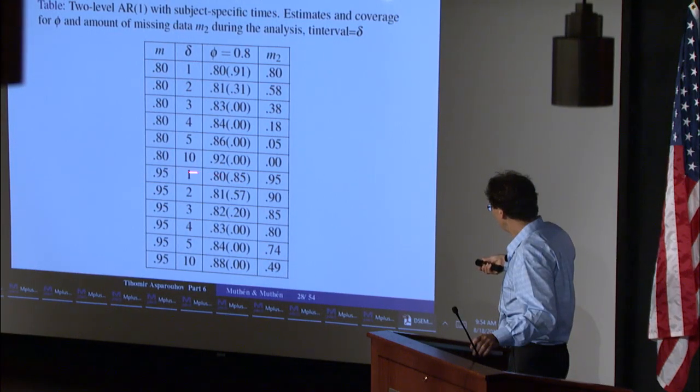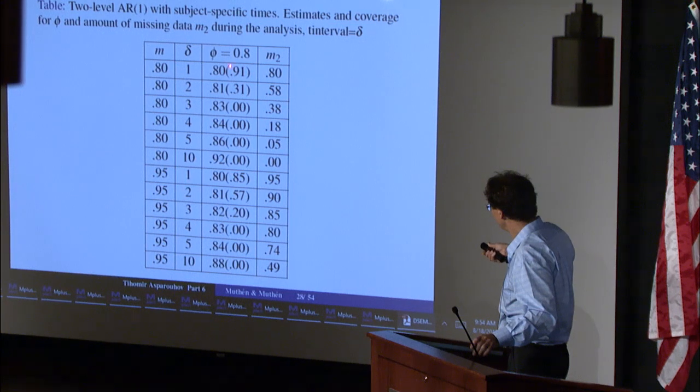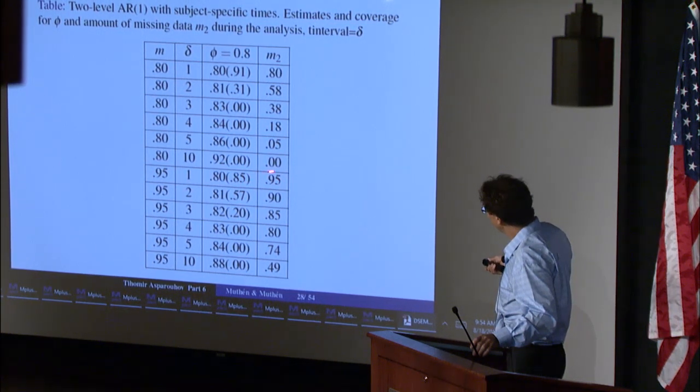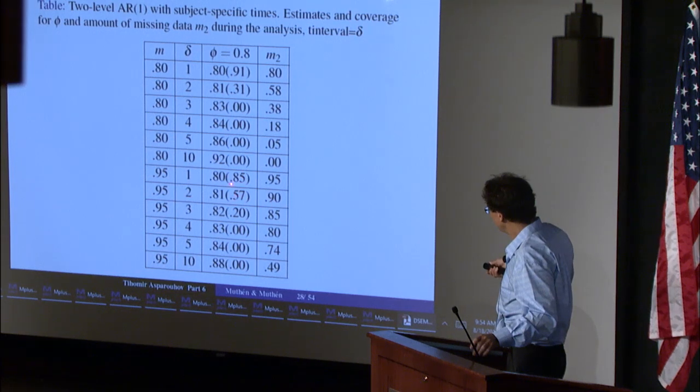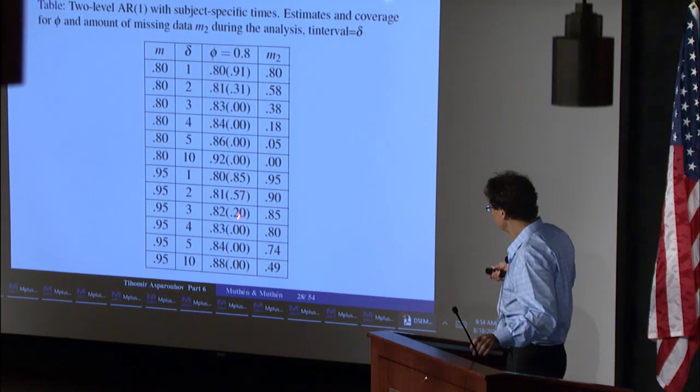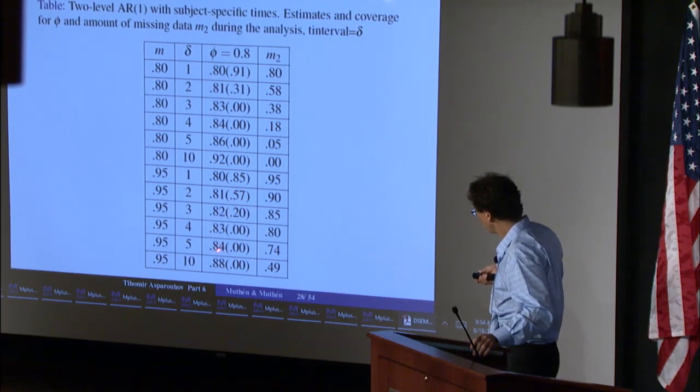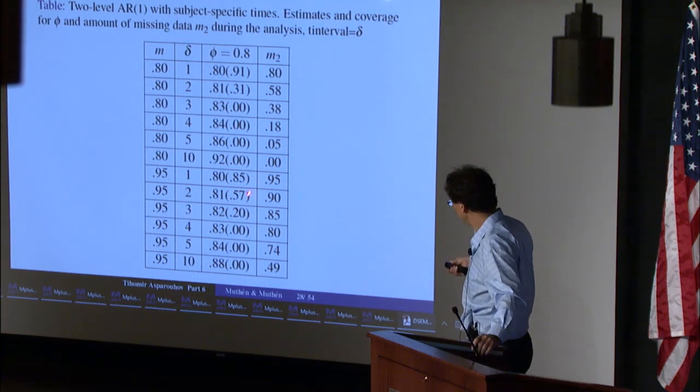If you use the true original scale, then of course the estimate is unbiased, the true value is 0.8. And even with 95% missing data, it actually got an unbiased estimate. As the scale actually gets more and more cruder here, you get less missing data, but also the point estimates actually get more and more biased, and the coverage actually gets worse.